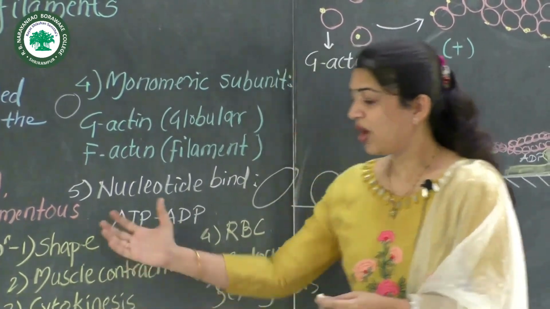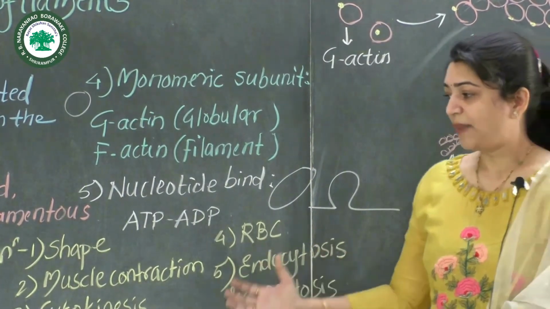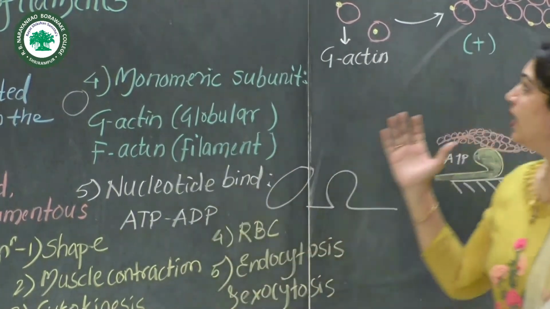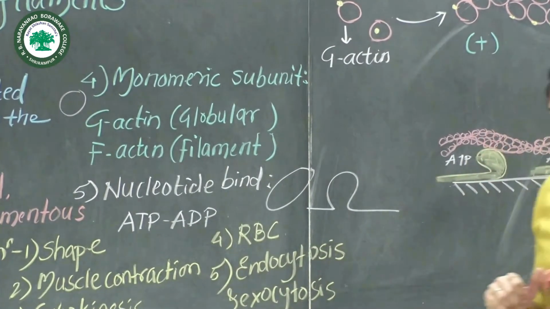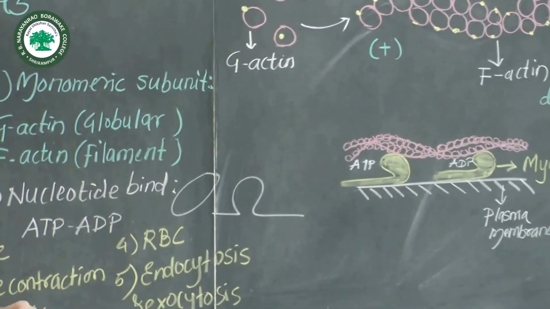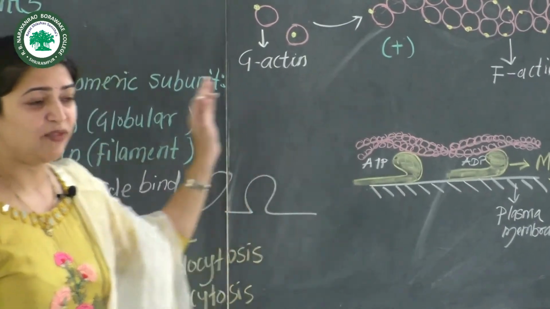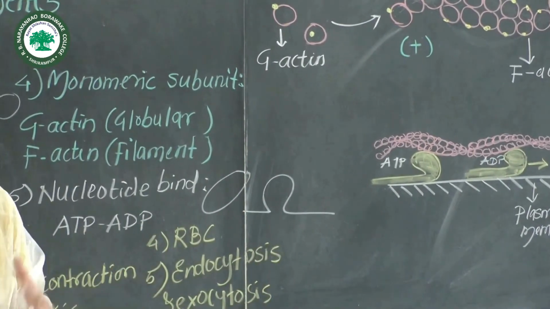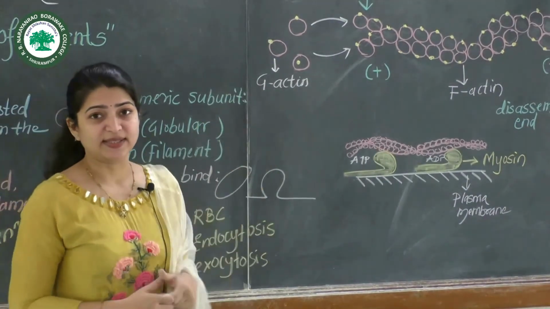Okay, so after looking at all the functions, here I am going to move next to the structure of microfilaments. In this, we will see the structure in detail. What I have told you is that microfilaments are formed due to the assembly of G-actins.